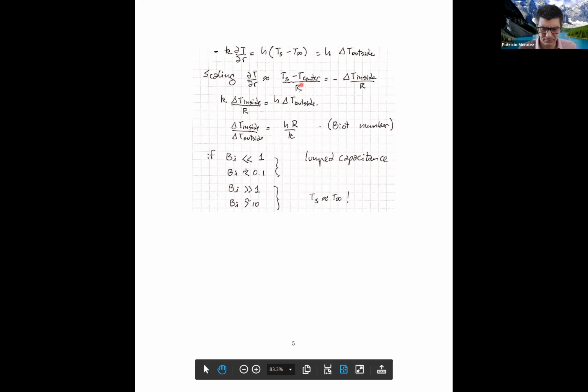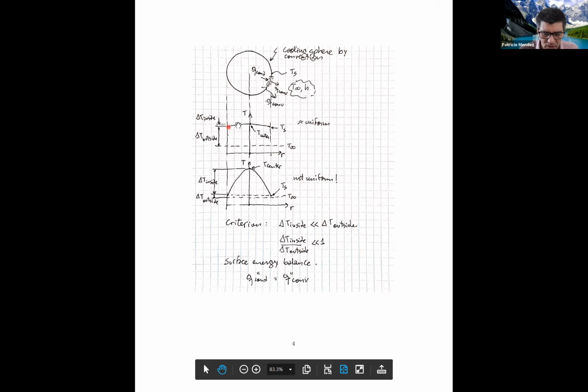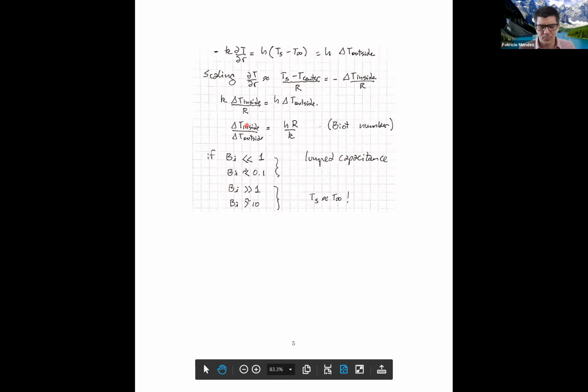If we look again at our graph, it would be the delta T inside over the radius. Is this exact? No, it's not exact, because delta T over delta R is not exactly the derivative. But when the curves are smooth, this is more or less right.